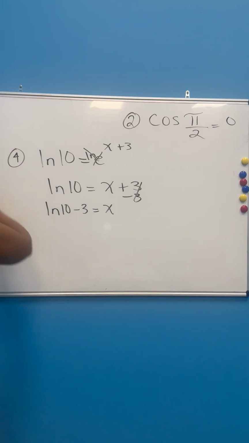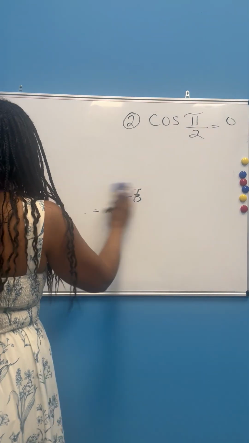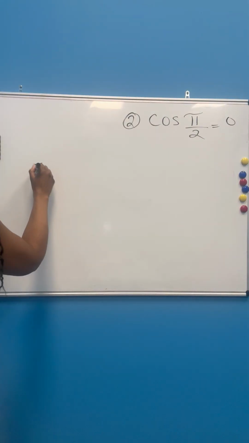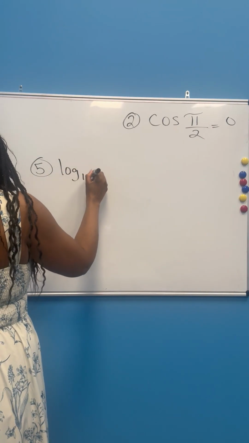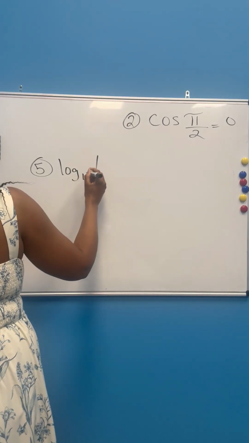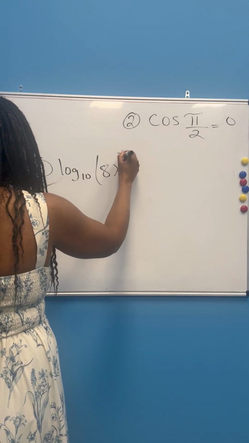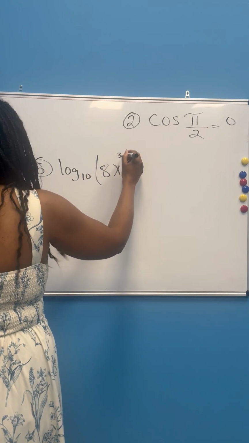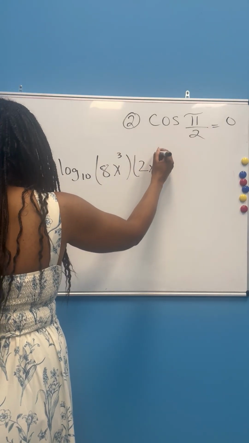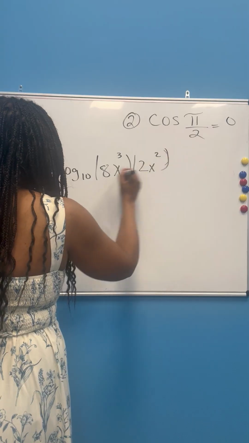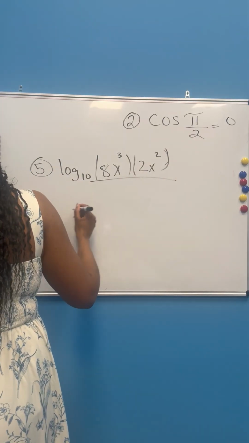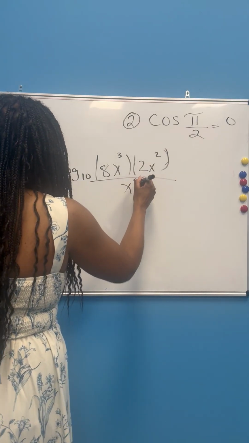And for our final one, number 5. Log base 10 of 8x to the third power and 2x to the second power, all over x to the 9th power.